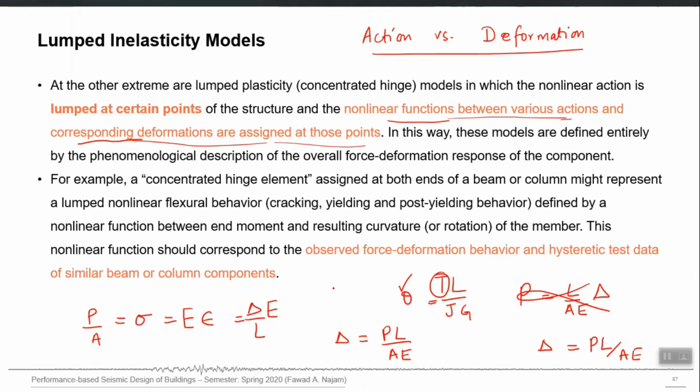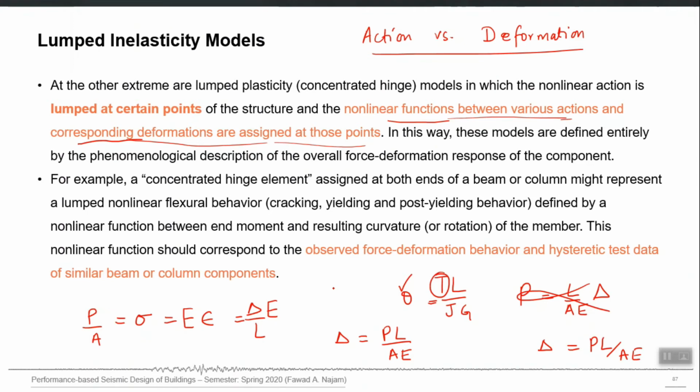So by default, the relationship between all the actions and deformations is linear elastic, as defined by Hooke's law, forever, right? But we change that action deformation relationship when we define a concentrated hinge at a particular location.